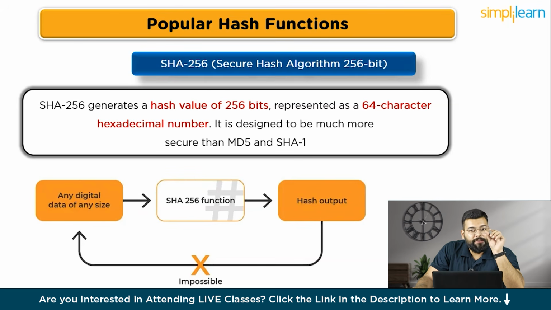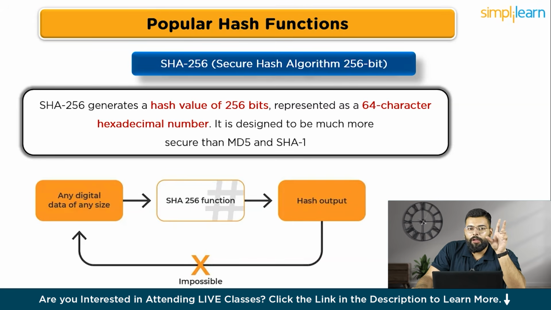Its typical uses: SHA-256 is used in various security applications and protocols including SSL and TLS for secure internet connections, Bitcoin and other cryptocurrencies for securing transactions, and in digital signatures to verify the authenticity of documents. SHA-256 is considered highly secure and is recommended for use in situations where data integrity and security are paramount.